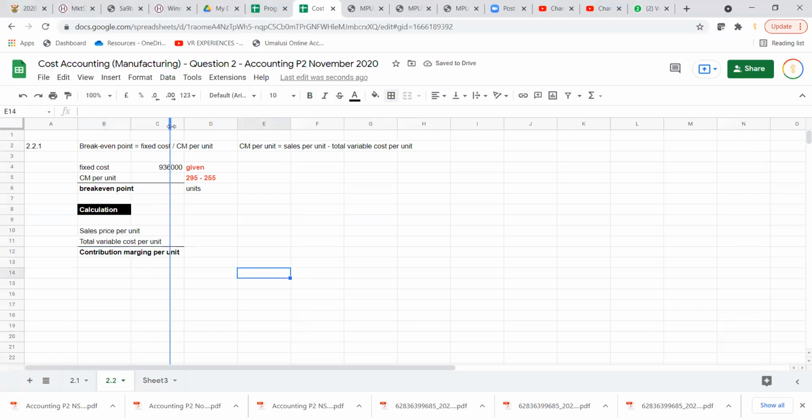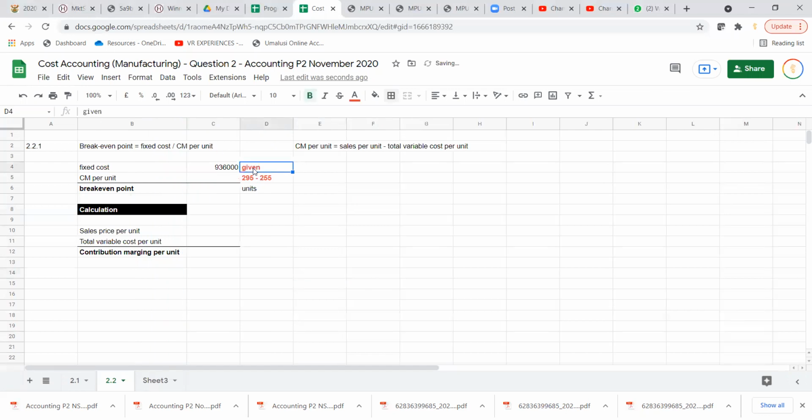CM stands for contribution margin. So that was given to us, 295. That was given to us, 255. So it is equal to 295 minus 255. Okay, so this is just to show you how to think through it. But you can simply do the calculation like that over there.